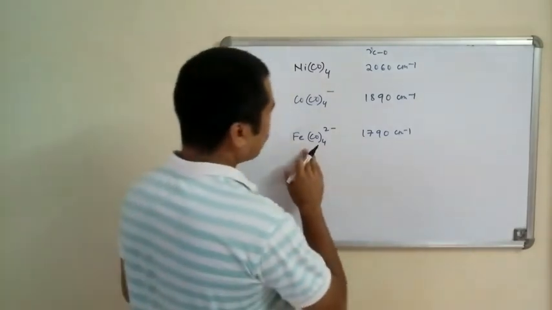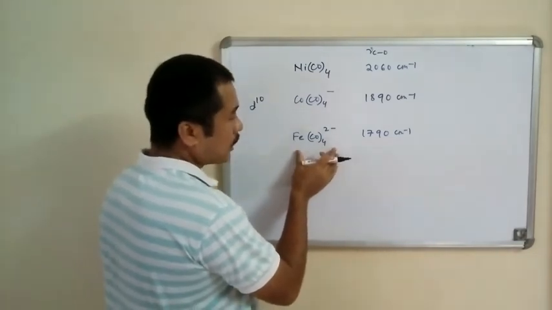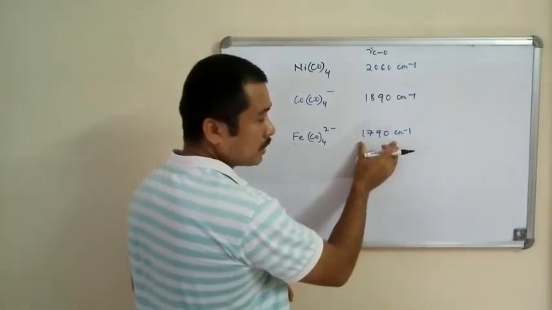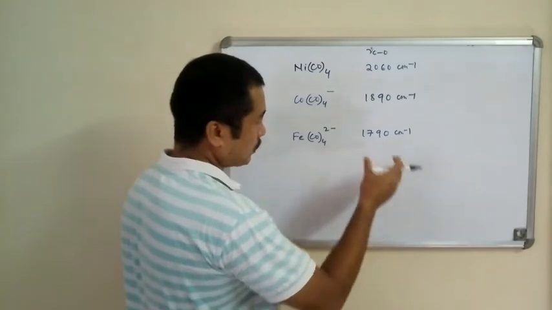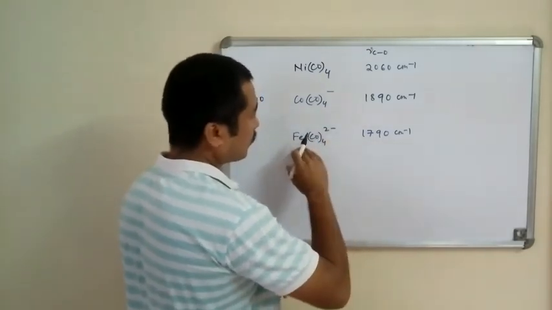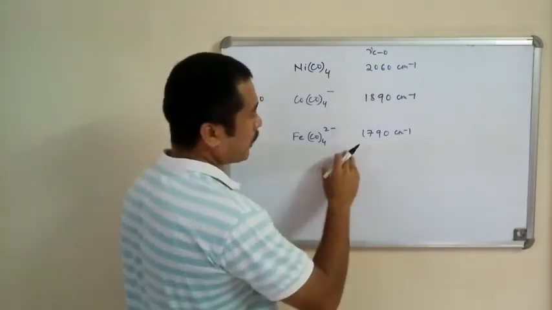The extent of pi back donation is highest in the negatively charged complex here, because the CO bond order has decreased substantially in this case, and the donation of pi electron density from the metal to the carbon monoxide pi star 2p molecular orbital is highest.